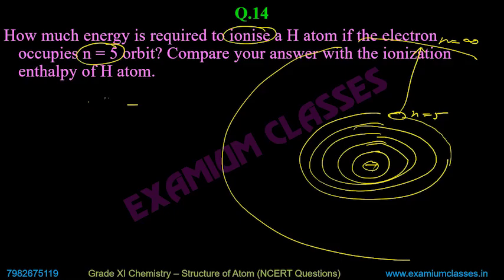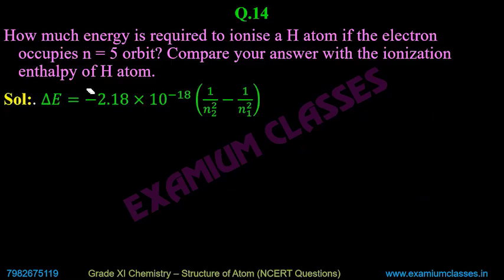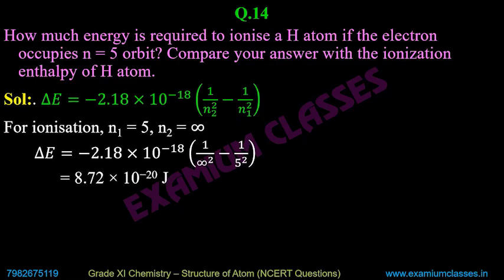Either you first calculate E5 and E infinity, and their difference will be the energy required. E infinity minus E5 will be the energy required. The other way is that you directly use the formula delta E equals to minus 2.18 into 10 power minus 18, 1 by N2 square minus 1 by N1 square, N1 is 5, N2 is infinity, substitute the values, get the answer.